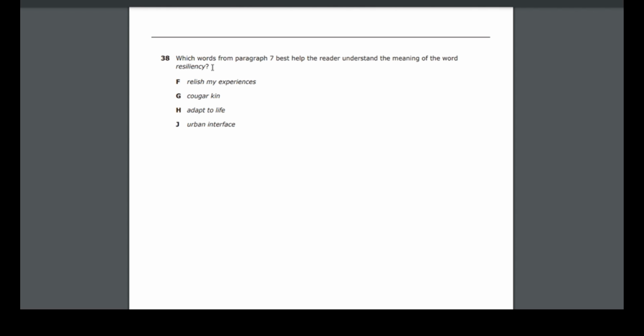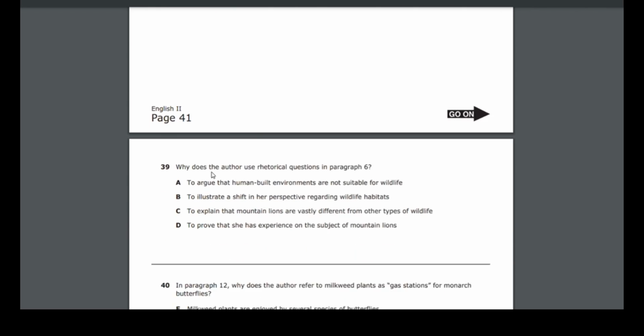And we know that to be resilient means to adapt and to overcome consistently. And we see that definition right here. So this is one of those where it creates fatigue in readers because it wants them to pick out all the words from paragraph 7 when there's no need, because the words they want us to choose from are right here. So it's a dictionary question. Define resiliency. Which one of these match best?